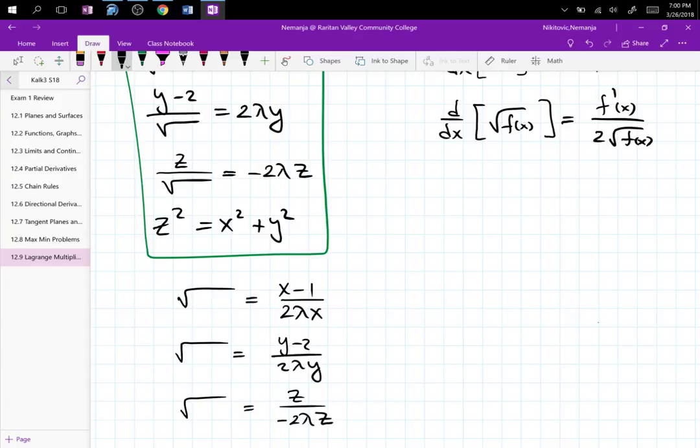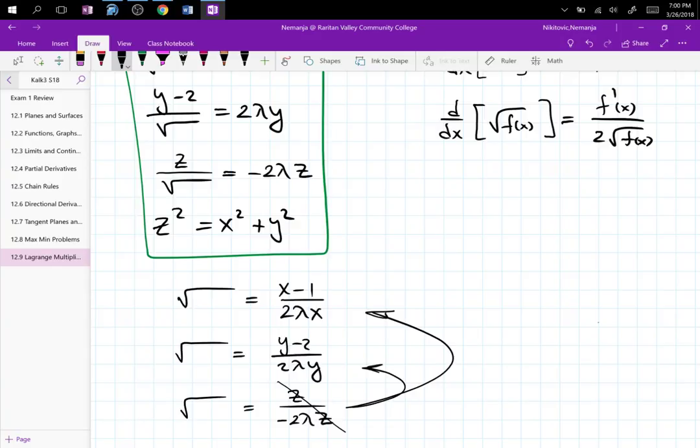All right, so now that you have this on the same side, this is where you can cancel z's, and when you cancel z's, that feeds into both equations.